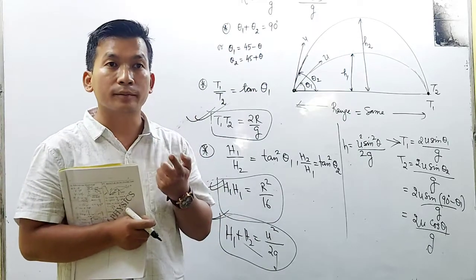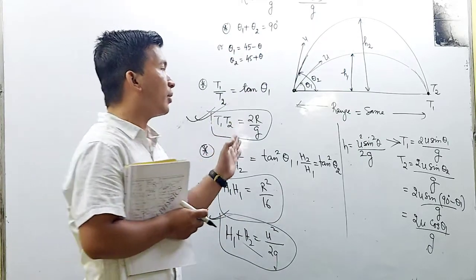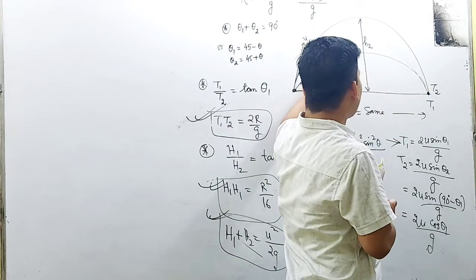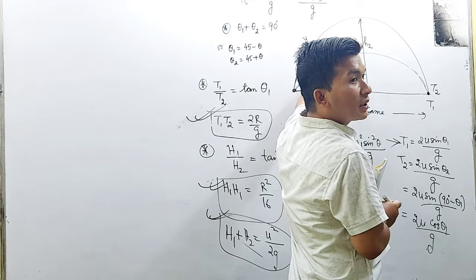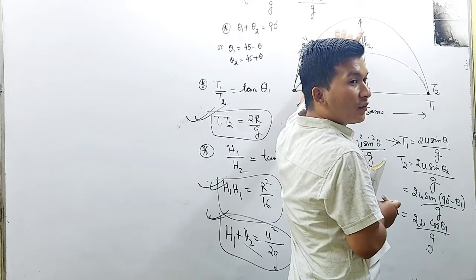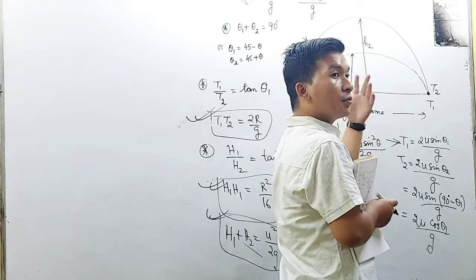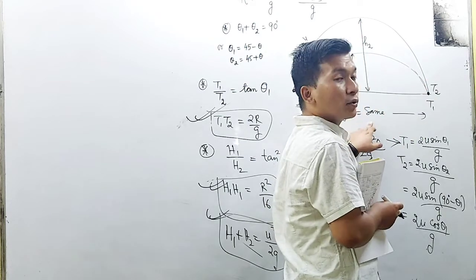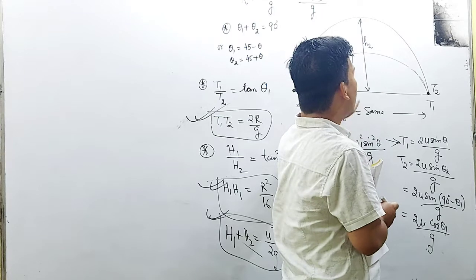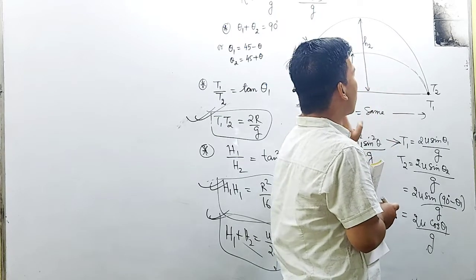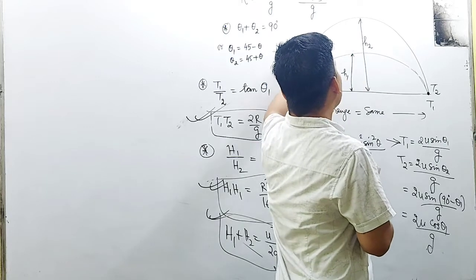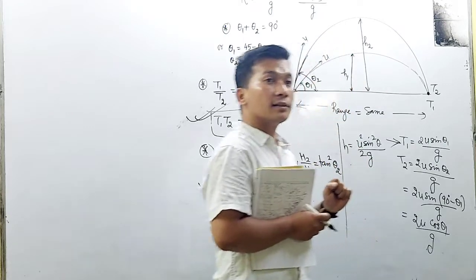We have h1, h2, t1, t2: if we multiply h1 and h2 we can find the range, and the sum h1 plus h2 gives the common velocity.